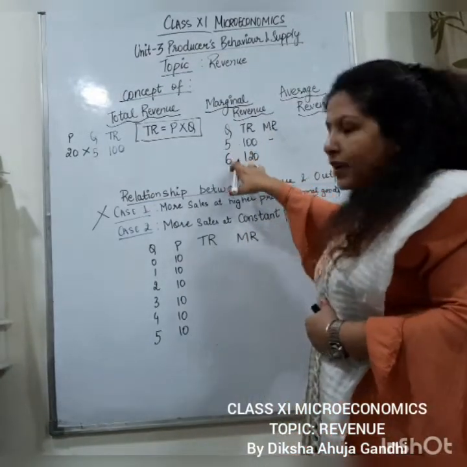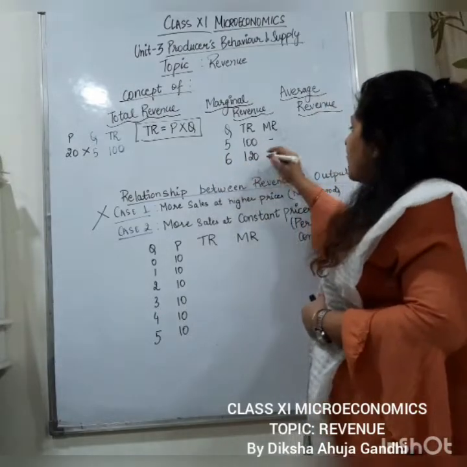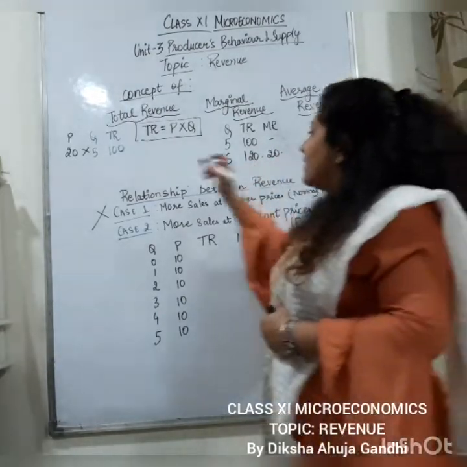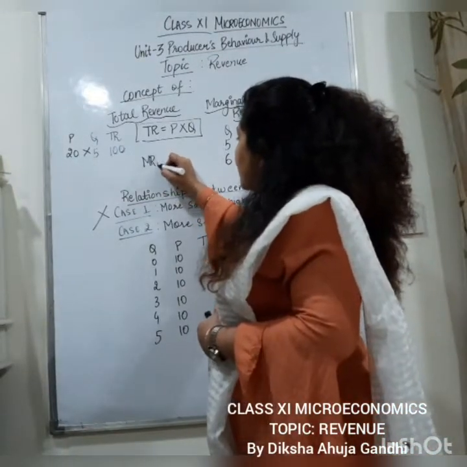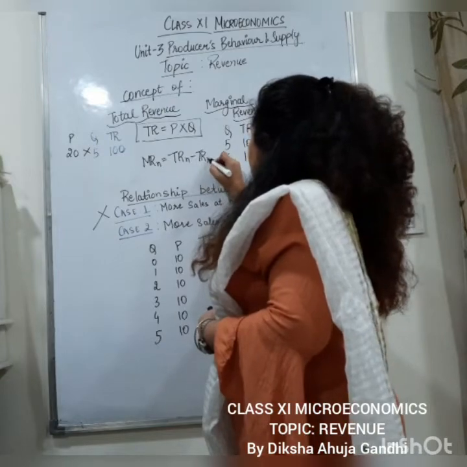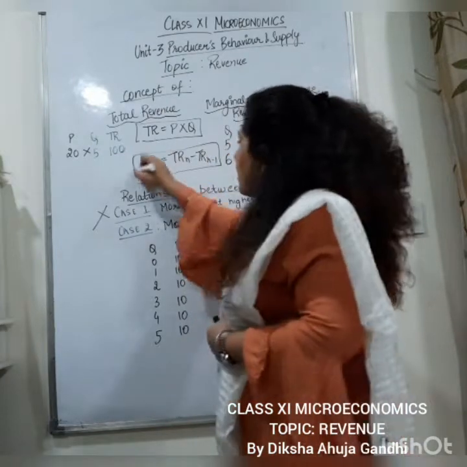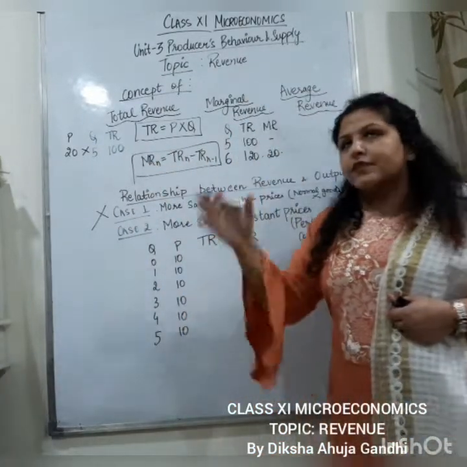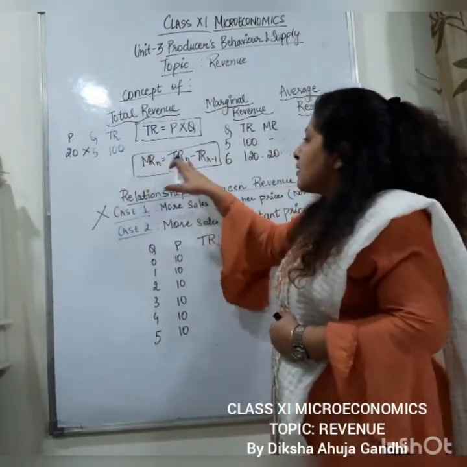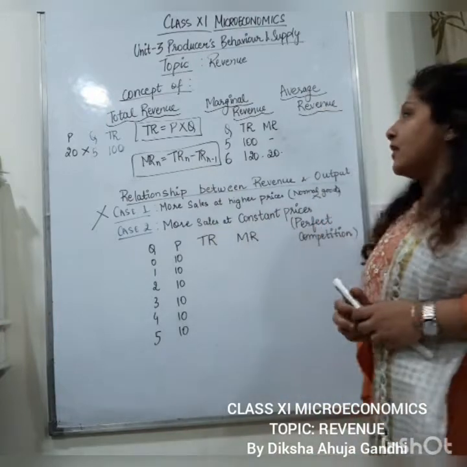So by selling one more additional unit, I'm getting 20 rupees extra. So marginal revenue is 20. How do you calculate that? MR_n is equal to TR_n minus TR_(n-1), the same formula which we use for cost, utility and production.